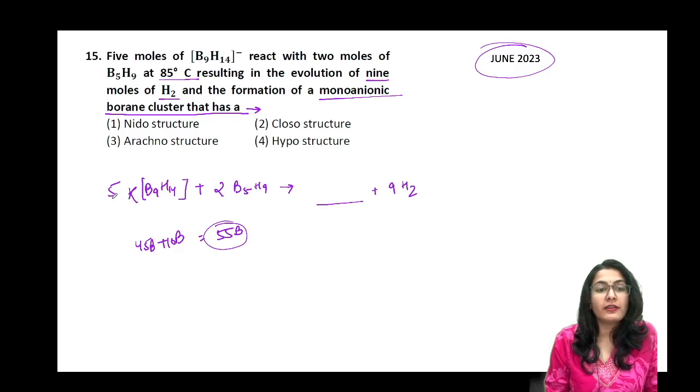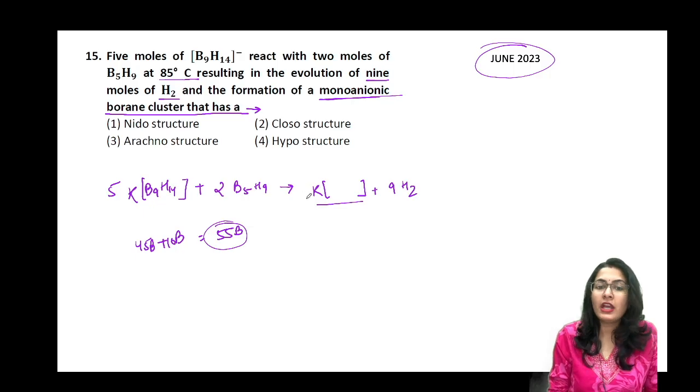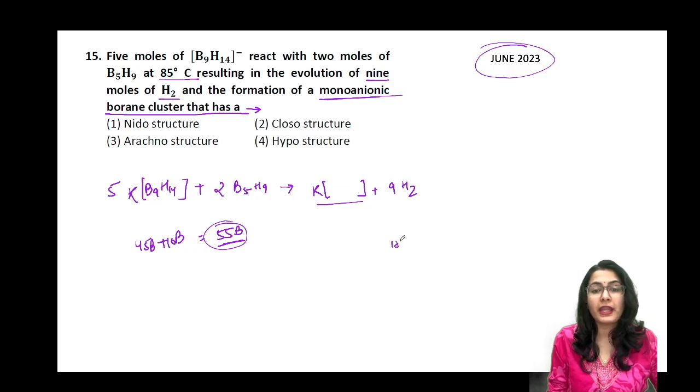See, you are having, okay, be more careful about this because monoanionic, the product is also monoanionic. That means you can add a K over here. Okay, now 55 boron in total. How many hydrogens are present? You are having 9 into 2, 18 hydrogens in the product side, and in the reactant side, you have 18 only over here.